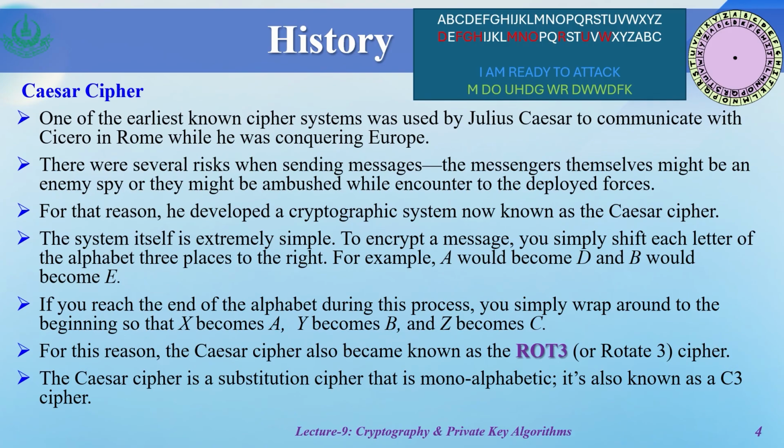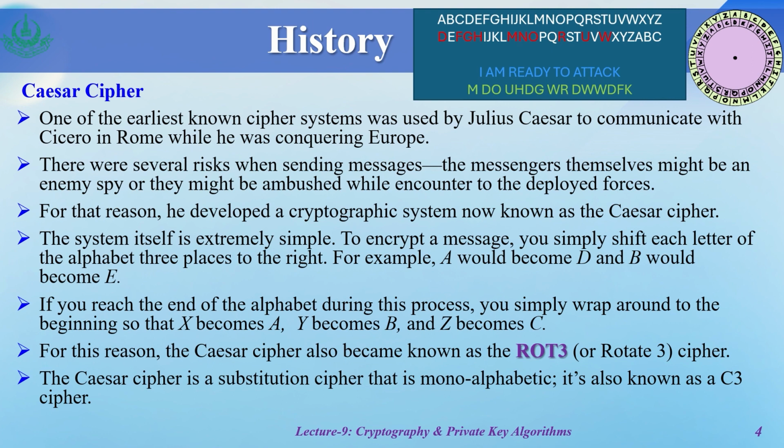There were several risks when sending messages. The messenger themselves might be an enemy spy, or they might be ambushed while encountering the deployed forces. For that reason, he developed a cryptographic system known as the Caesar cipher. The system itself is extremely simple.